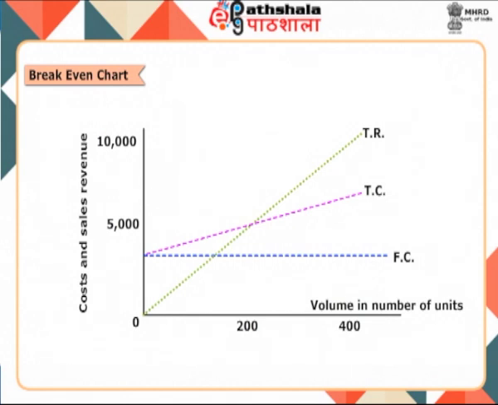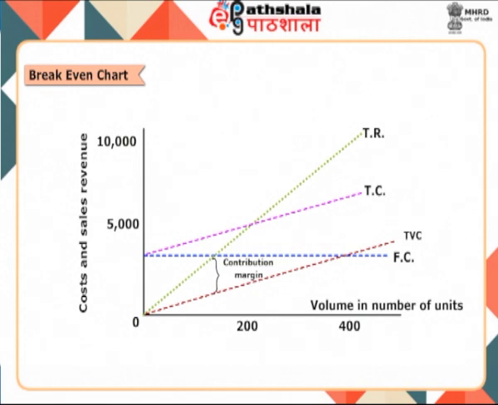If the contribution margin at different levels of output is also required to be displayed by the break-even chart, then draw one more line starting from the origin and increasing at the rate of variable cost per unit. This line shows total variable cost for different levels of output. The difference between the total sales line and the total variable cost line shows the contribution margin at different output levels.